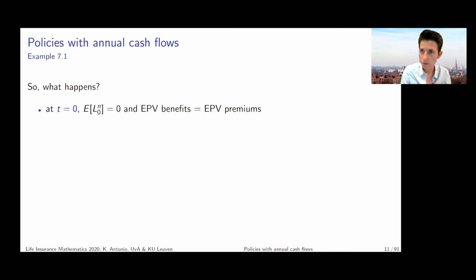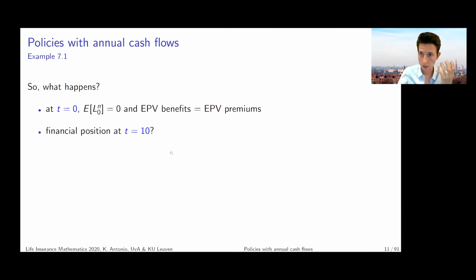So that means at time 0, the expected value of our loss random variable, the L0, is equal to 0, which also means that the policy value at time 0 is 0, right? Because at time 0, under actuarial equivalence, we impose an equivalence between the benefits and the premiums, right? But as soon as we leave time 0, that equivalence will be broken and will no longer hold.